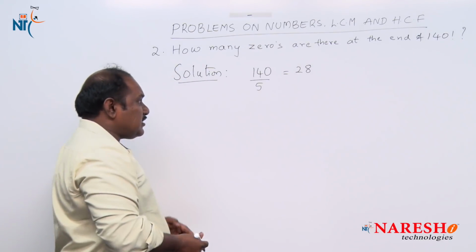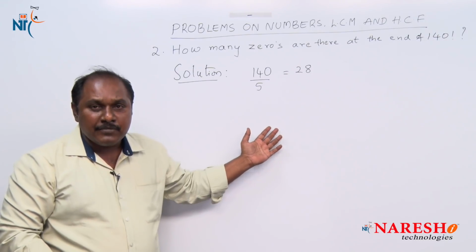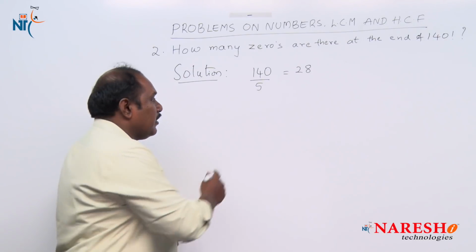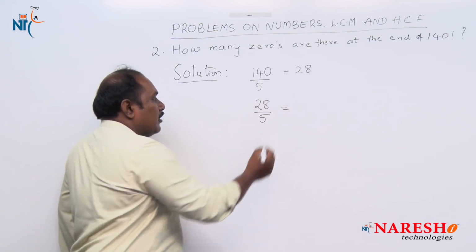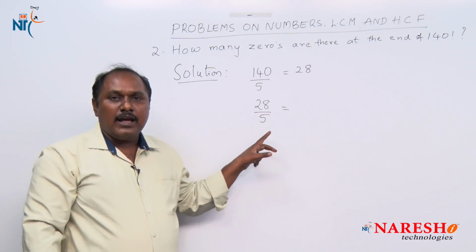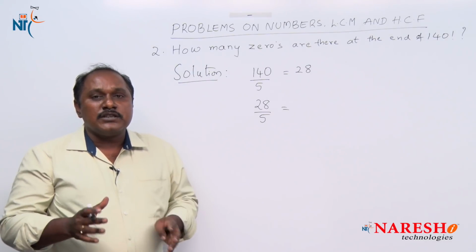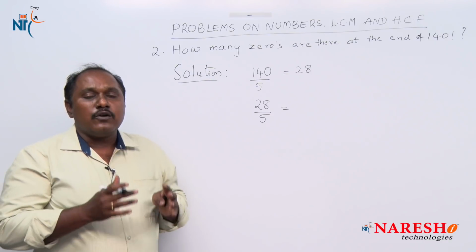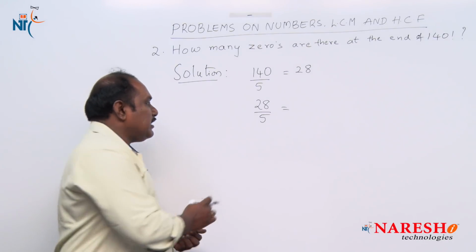Now many students stop here because they think that 28 is not divisible by 5. No, we need to continue till we get a quotient which is less than 5. Now 28 divided by 5 is actually 5.6, but I cannot have the number of zeros in decimals. So we need to write only the integral part, not the decimal part. 28 by 5 is 5.